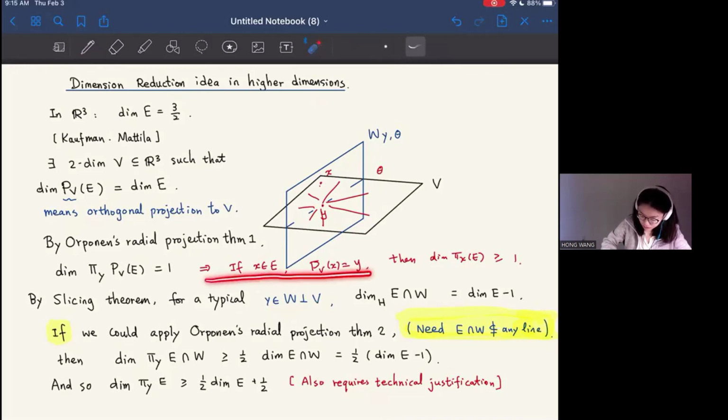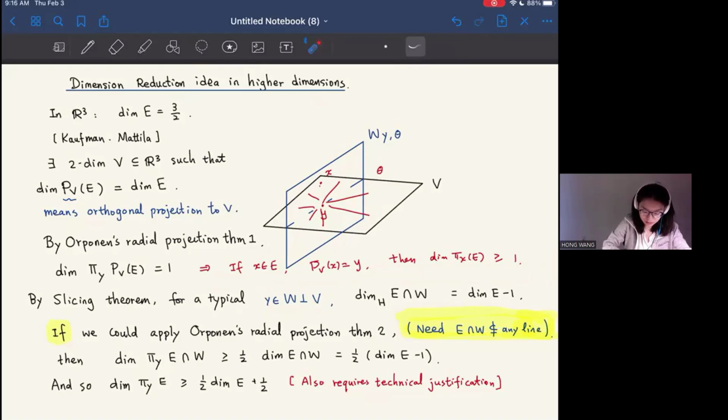So this step is simple, but we can actually hope for better, because on each of those slices, we might have more points. So hopefully we can add something here. And this is indeed what we are going to do.